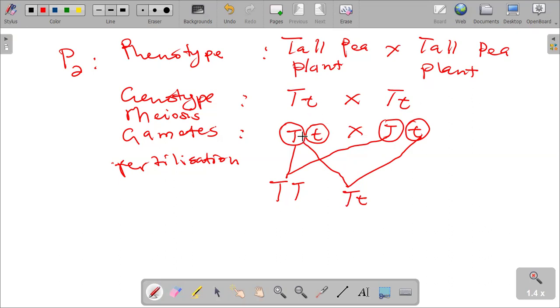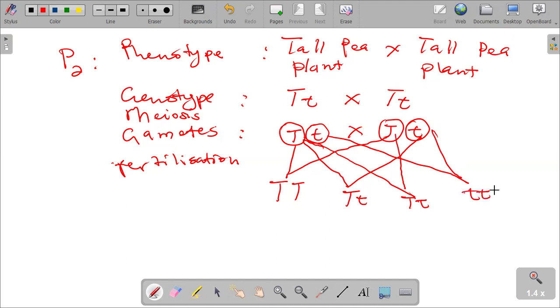And then we have this dominant T here crossing with the recessive T there, and we have the heterozygous T there. Then we have these recessive Ts coming together on their own.